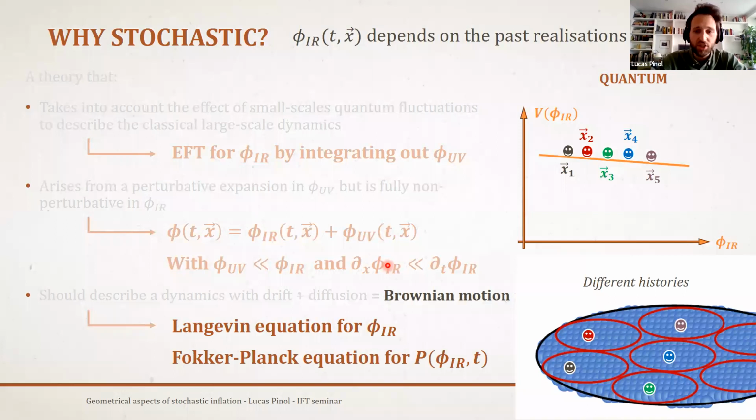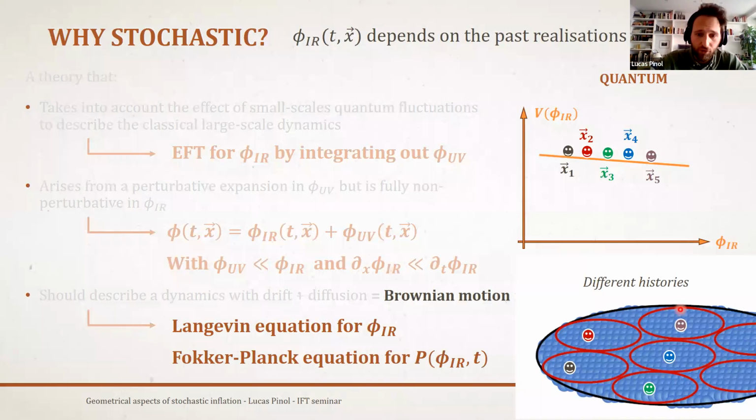And therefore, at each position of space in the universe, you will have different realizations of those quantum processes, which you will measure as different realizations of stochastic processes. And therefore, the value of your scalar field at large scales around this point will be actually a stochastic variable itself.